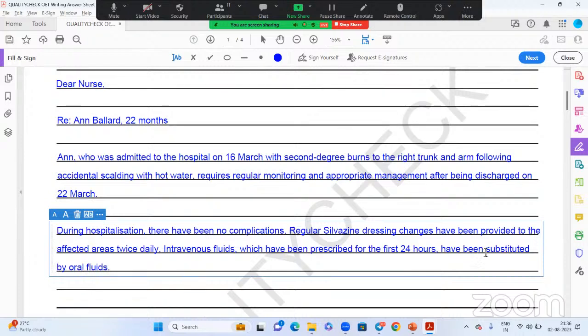Have been later, after 24 hours. So here you can write which have been prescribed, have been substituted by oral fluids after 24 hours.